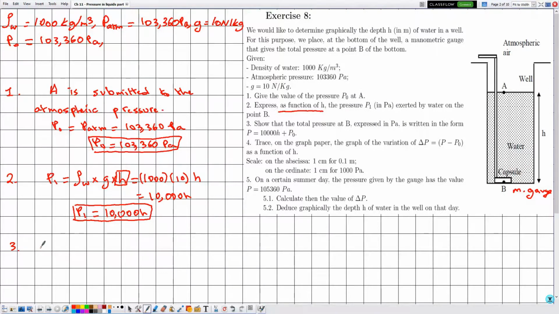Now let's write that B is submitted to the pressure of water and to the atmospheric pressure.